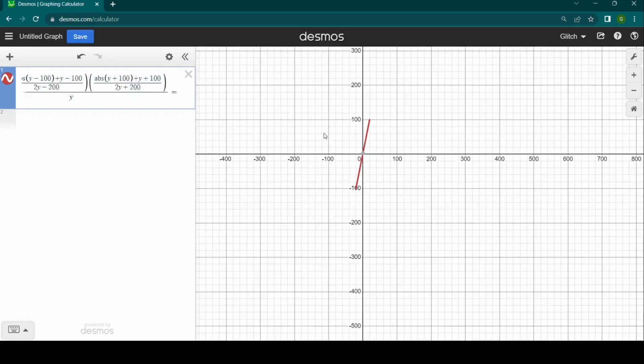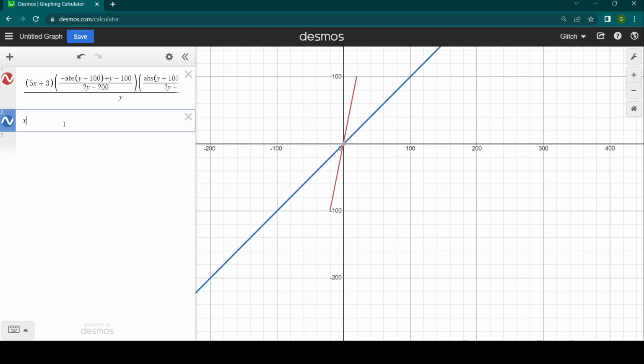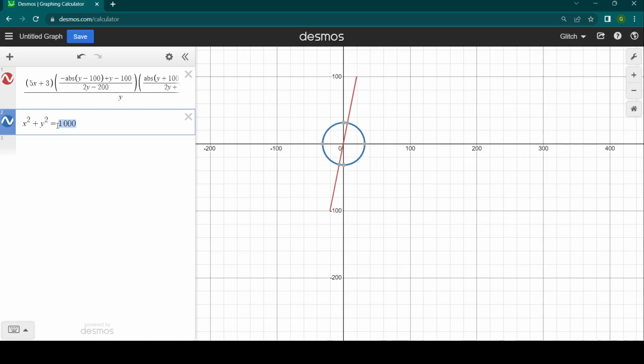Basically, this function makes it so we have a line segment. So now let's do the same thing for our other function. X squared plus y squared equals 1000. And remember, this side we need to be 1, so we divide both sides by 1000.